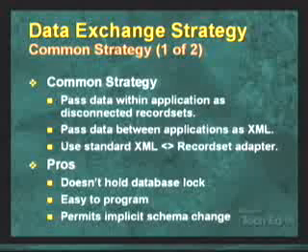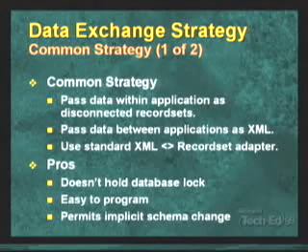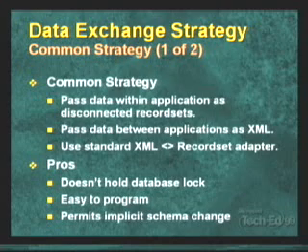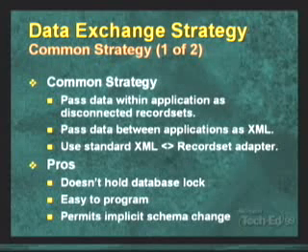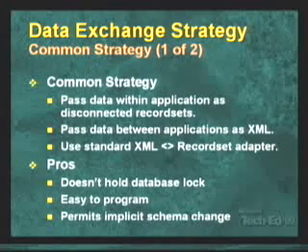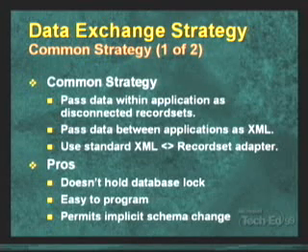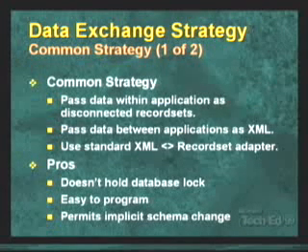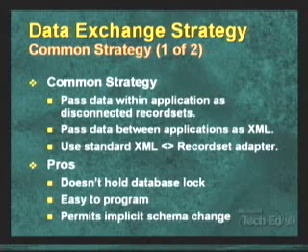Here's a common strategy that gets talked about a lot, and you probably hear it at many of the sessions that you go to. Within an application, pass your data around as ADO disconnected record sets. That's the record set type, you use it as a parameter, you pass the information around, it gets marshaled by value, all is cool. When you're going between applications, the latest and greatest recommendation is to pass the data as XML.